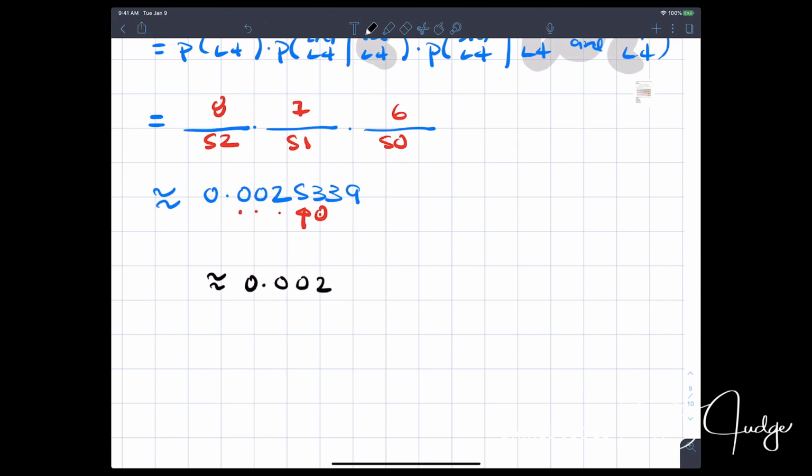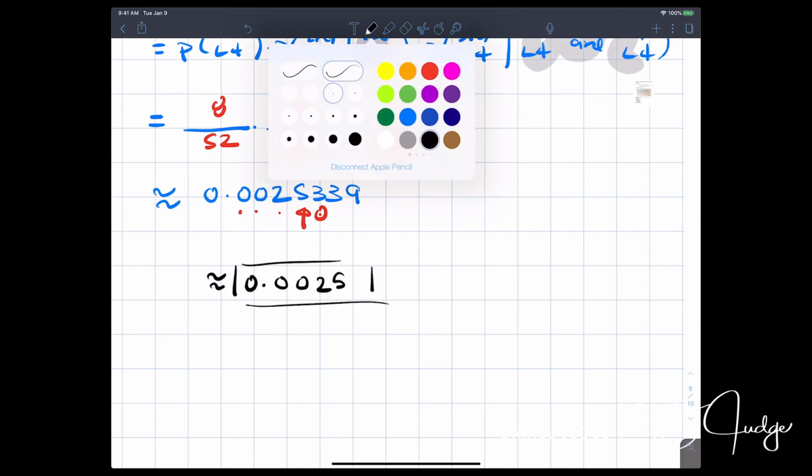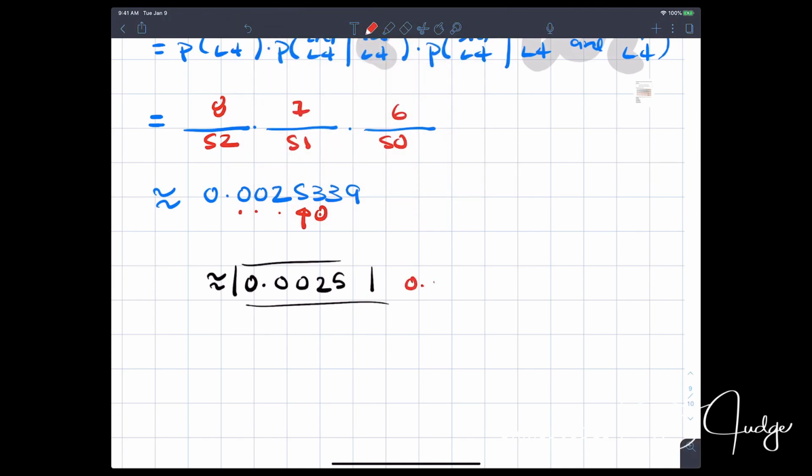Do we add 1 or do we keep it? Since the digit to the right is a 3, we leave it alone and we keep the 5. We don't add 1. Similarly, this is actually 0.25% as a percentage, which means this event is not likely again. Okay.